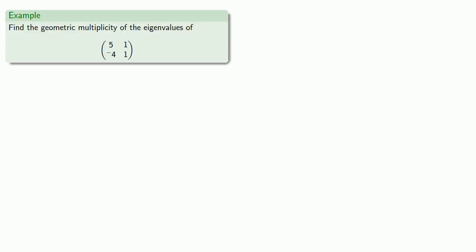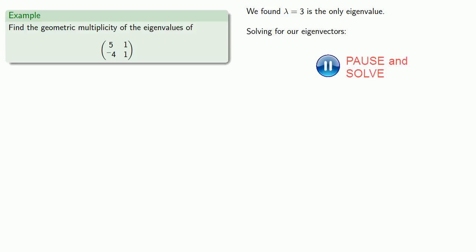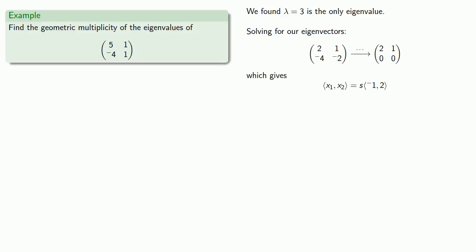So, for example, let's consider the geometric multiplicities of the eigenvalues of our matrix. So we found lambda equals 3 is the only eigenvalue. We can then use this to find the eigenvectors. So solving for our eigenvectors is going to give us in parameterized form the eigenvector s times [-1, 2], or if we let s equals 1, we'll have the single eigenvector [-1, 2].